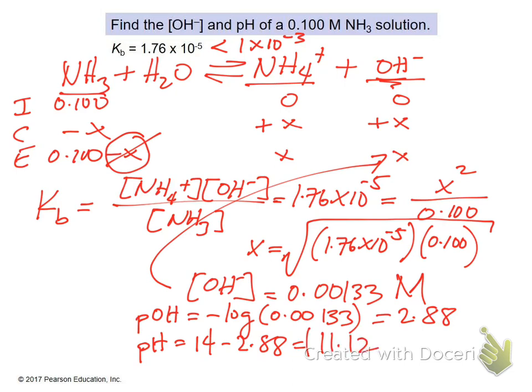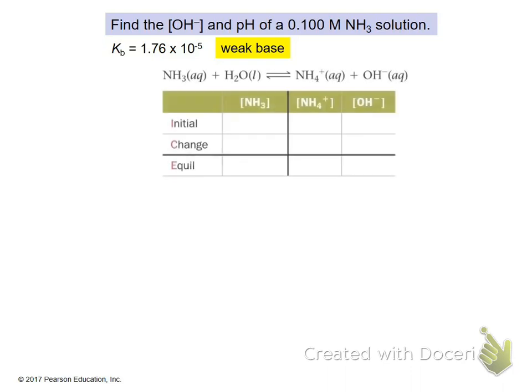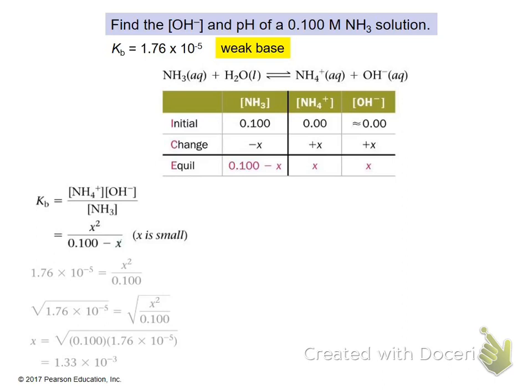So this is the pH of the solution. Again, it's a basic solution. Here's a cleaner version. Again, if you're going to use the approximation method, you would have to validate it. So again, you get 1.33%, which is less than 5%. So this is a valid approximation.